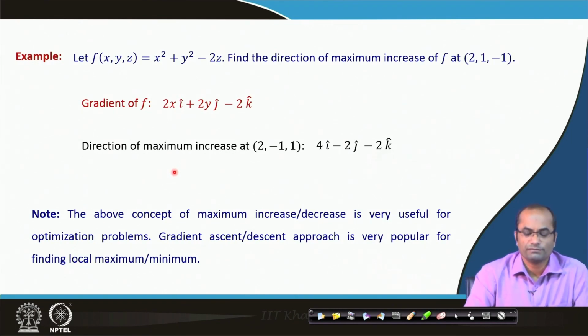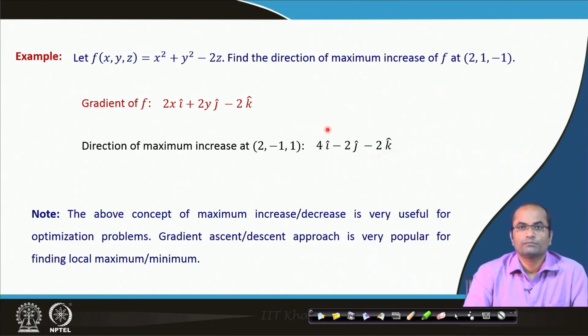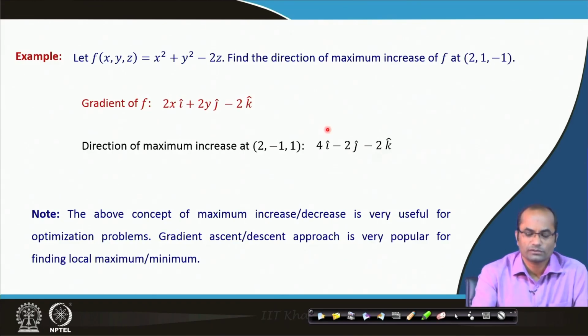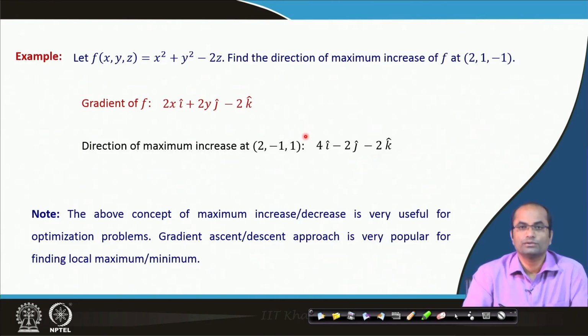So, if we move from a point in the direction of this gradient, we go where the function is increasing most rapidly, or decreasing most rapidly if we go in the direction of minus del f. Either way, this is useful to find the maximum or minimum value of the function.